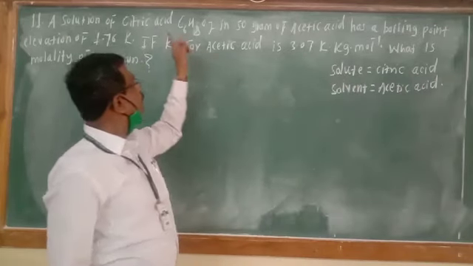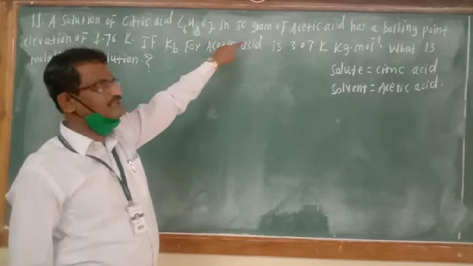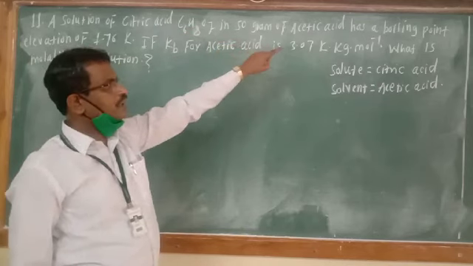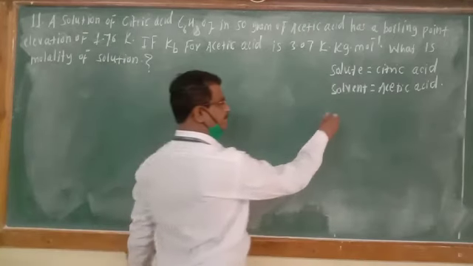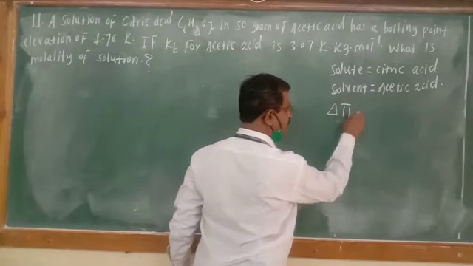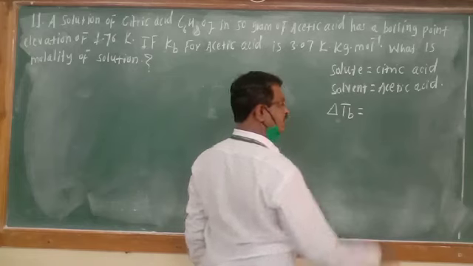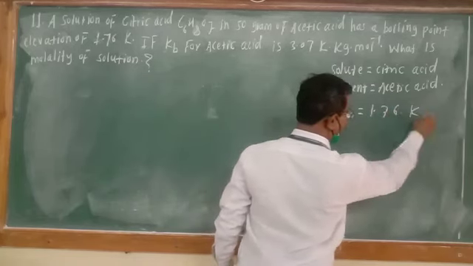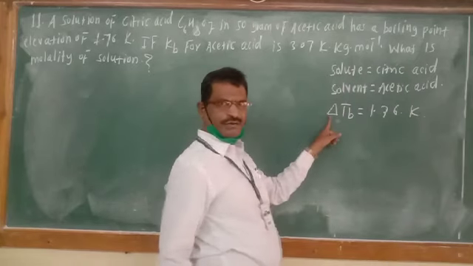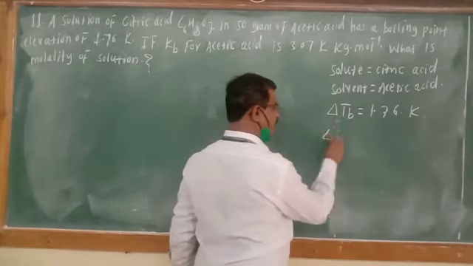Then whenever the citric acid is added to the acetic acid, elevation of boiling point is given. Boiling point elevation is given, means that is delta TB. That is given as 1.76 Kelvin. This is directly given. We don't have to calculate. We know the formula.